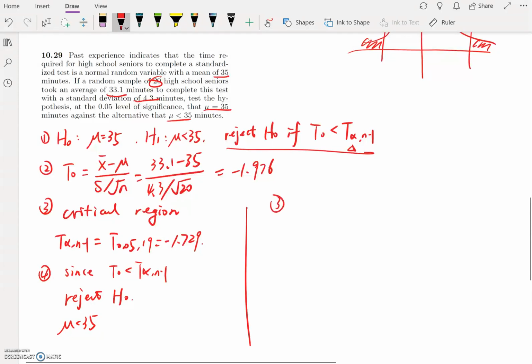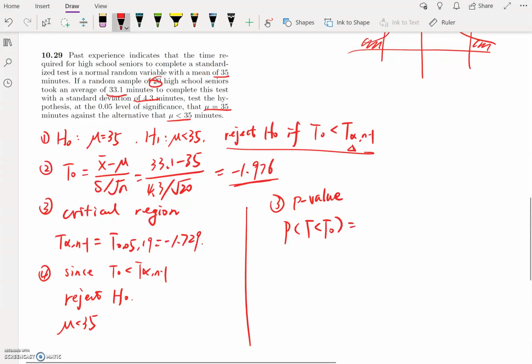Here we will also use the p-value method. So we have this minus 1.976. We can get the p-value, which is P(T less than t0).